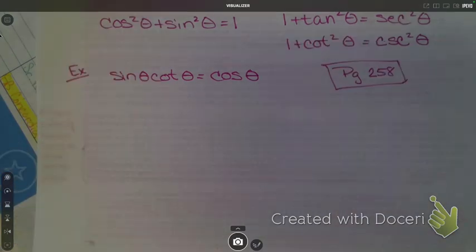Left or right, it doesn't matter. When we had proofs the first time, they said make the left look like the right. Well, I'm not going to tell you that. You get to pick. So which side looks more complicated, the left or the right? The left has more things I can do. So if I want to get it to cosine, I probably should start making things into sines and cosines and see if I can reduce.